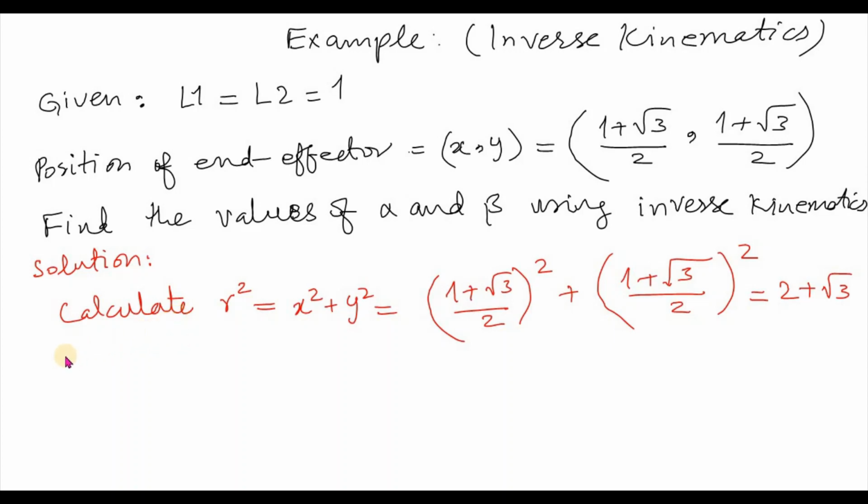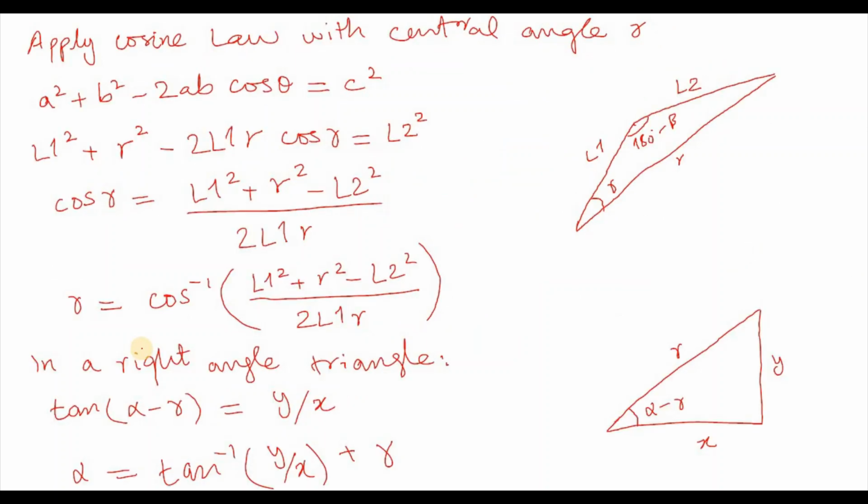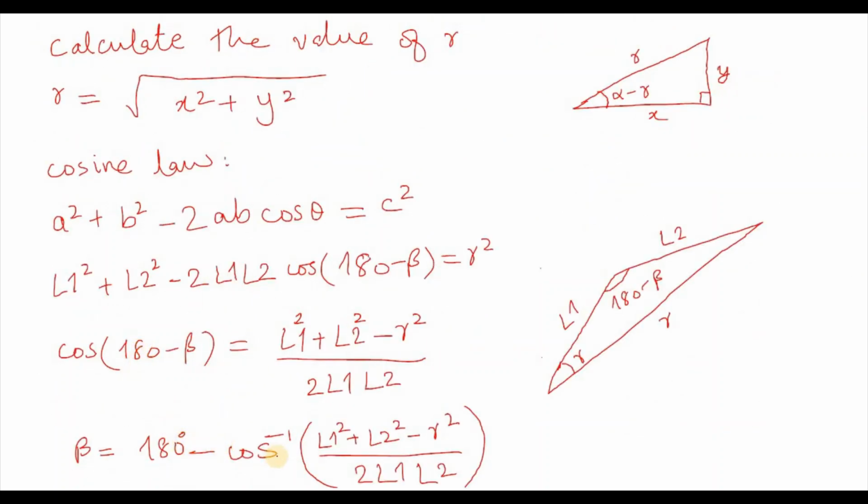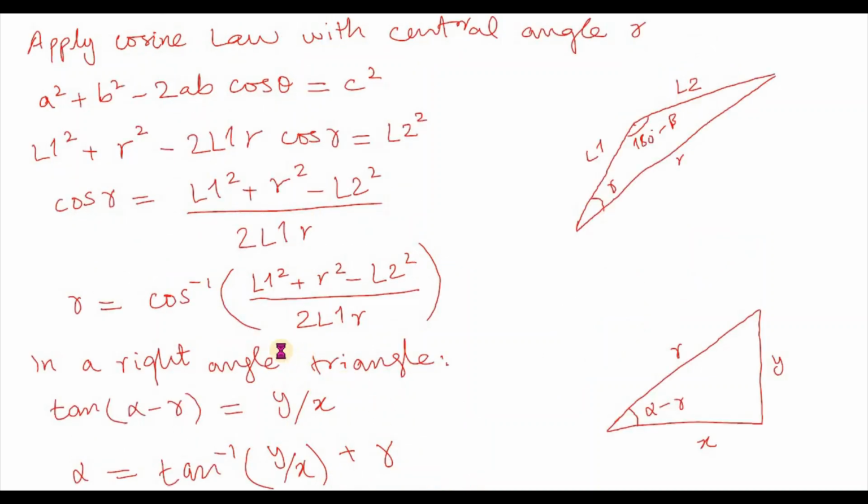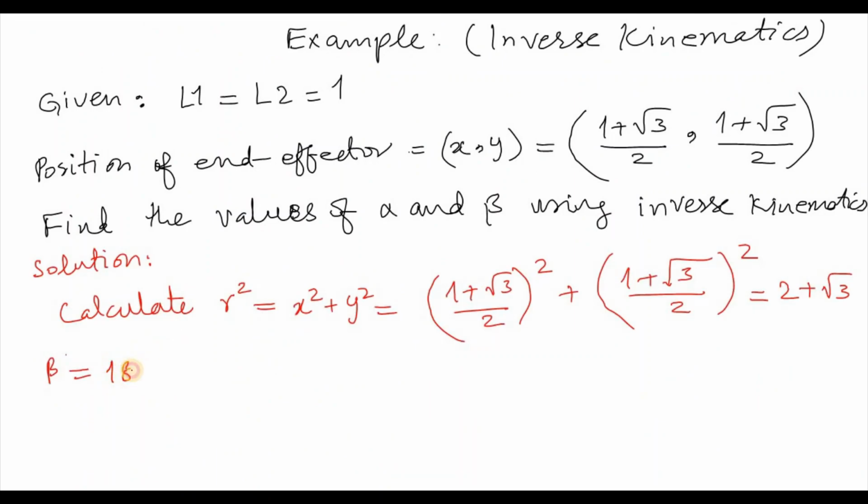We can calculate the angle beta, and beta is equal to, we have the formula for this one, and you see here, 180 degree minus cos inverse of L1 square plus L2 square minus r square divided by 2 L1 L2.